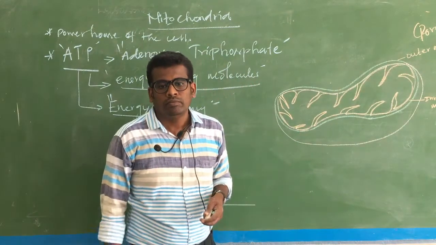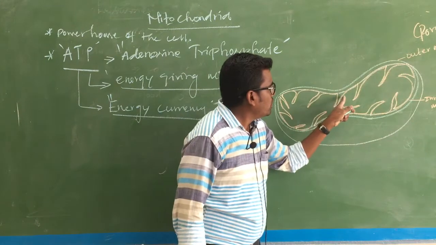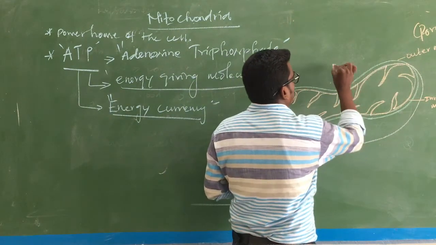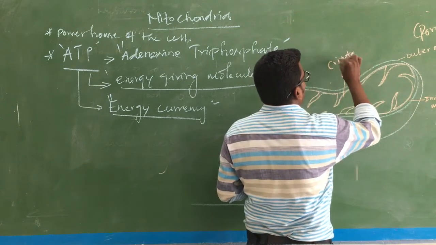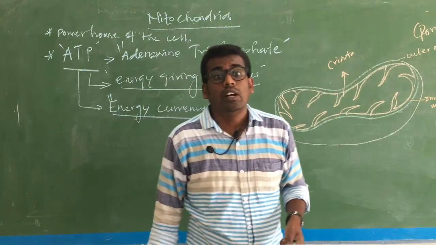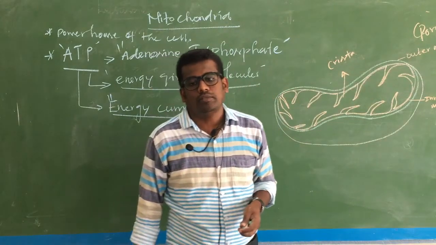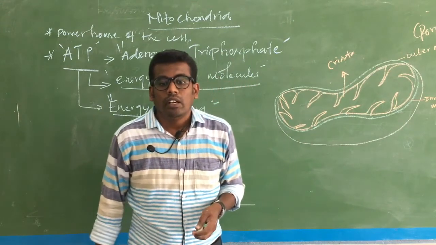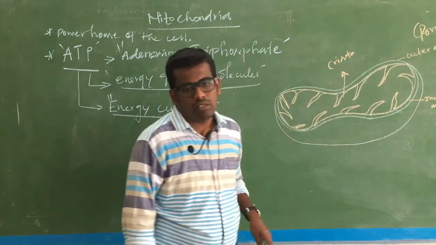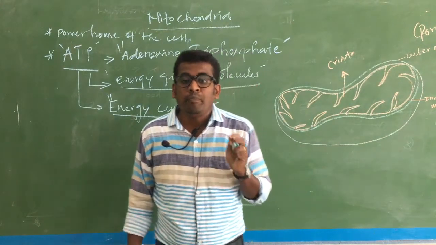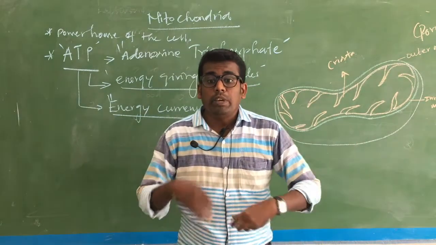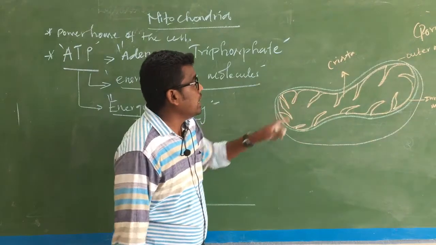These deeply folded finger-like projections are called cristae, or crista. Inside the inner membrane, the chemical reactions occur only in the inner membrane.